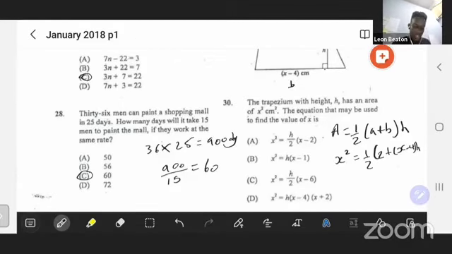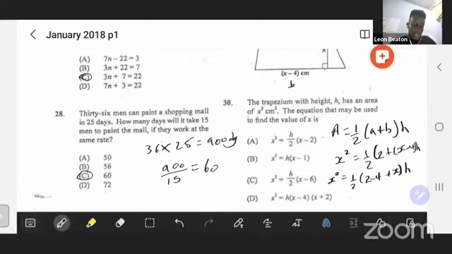So when we work this out, we'll have x squared is equal to half bracket 2 plus x minus 4. Expand this bracket, the plus wouldn't change anything, so we have 2 plus x minus 4. Just put the like terms together. This will be 2 minus 4 plus x, times h.